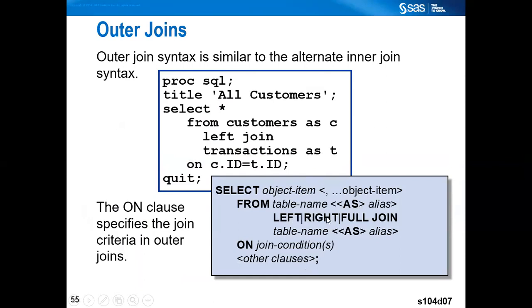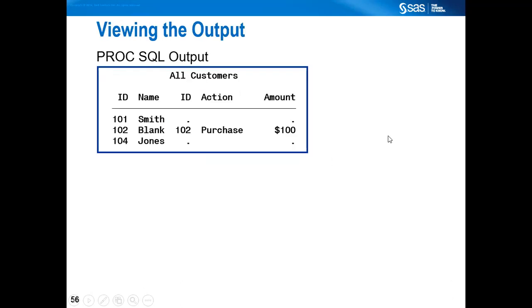Either you can write left, right, or full join on your second table, with ON as the joining criteria. The ON clause specifies the join criteria in outer joins. So left join on your second table on c.id is equal to t.id. This is the left join result.